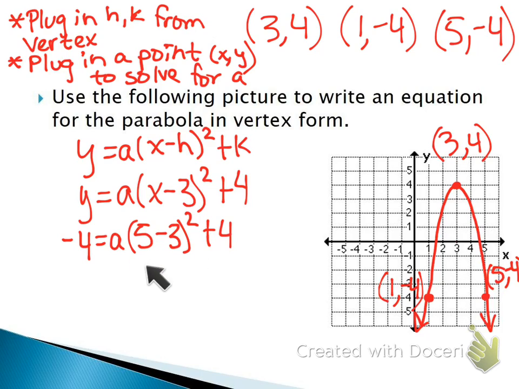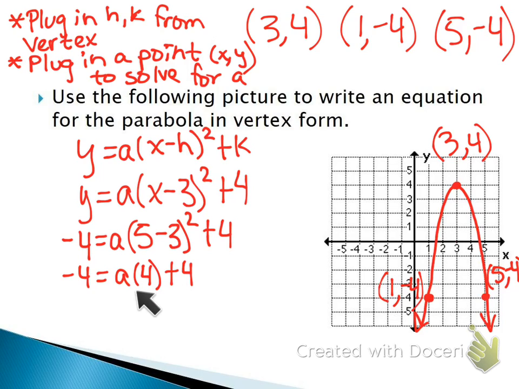Now let's start simplifying the right side. -4 equals A times, what is 5 minus 3? 2, but then we square it, we get 4 plus 4. What's going on between the A and this 4? Multiply. We're multiplying those. And we're adding a 4 on the end.